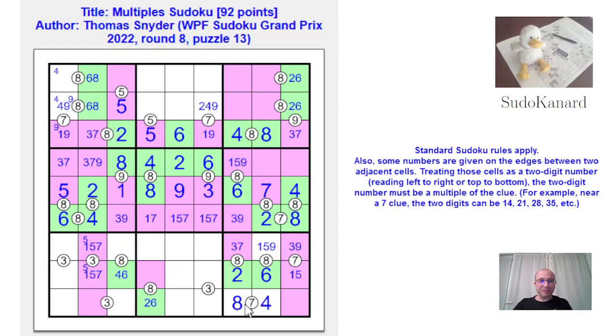Let's do some more coloring. That's it. Oh, and this now is a 4, which makes this a 6. That will be interesting, I think. I still need an 8 somewhere here. I'm not sure about where to put that 8.